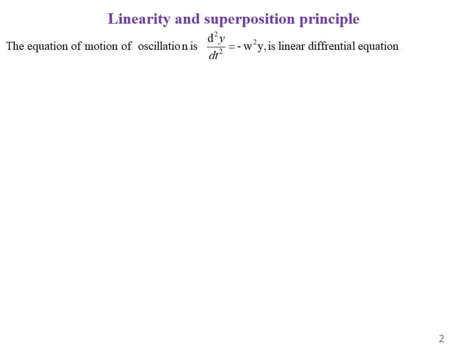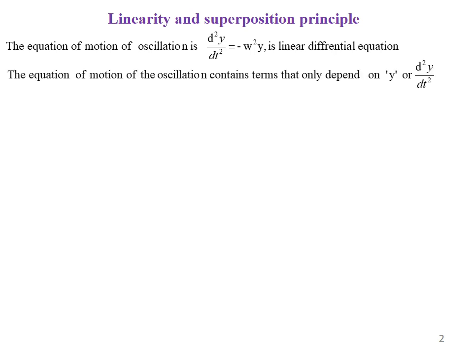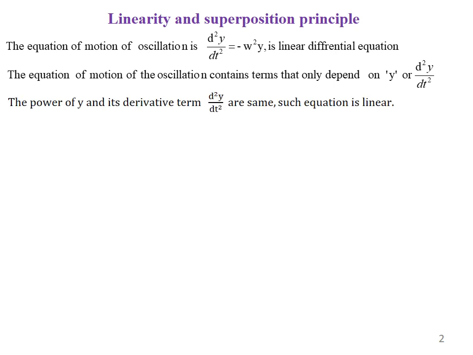If the equation of motion of oscillation contains terms that only depend on y or d square y divided by dt square, and the powers of y and its derivative d square y divided by dt square are the same, then such an equation is called a linear differential equation.